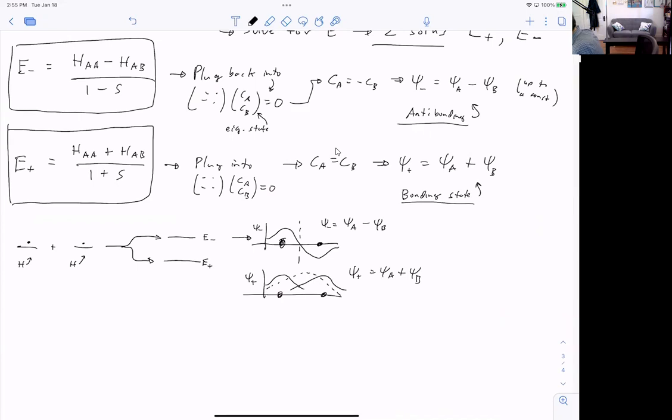And so here we have no electrons in the middle. We have a node. And here the electrons can be in the middle.